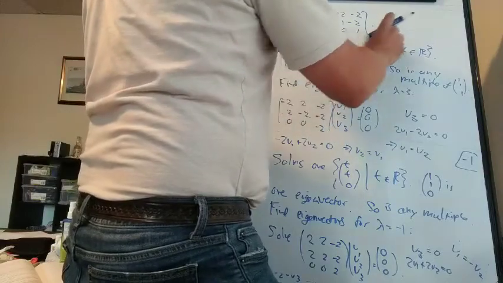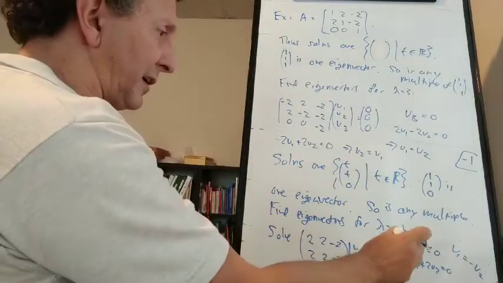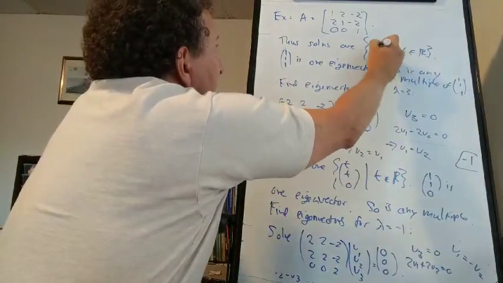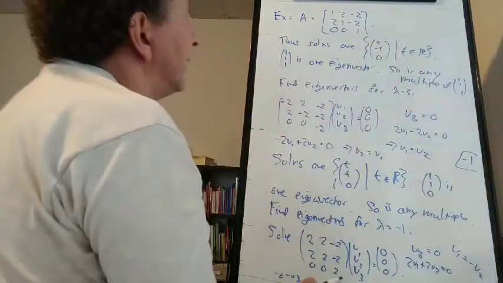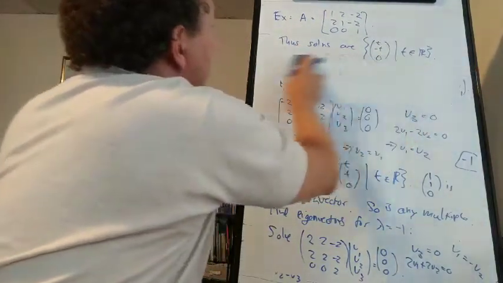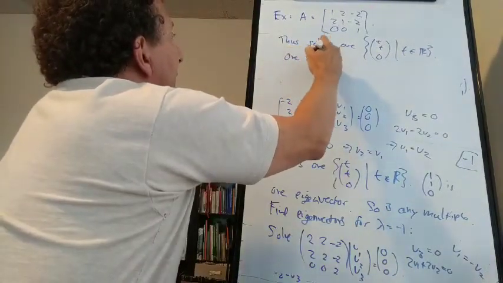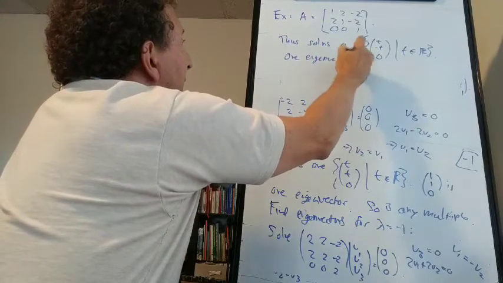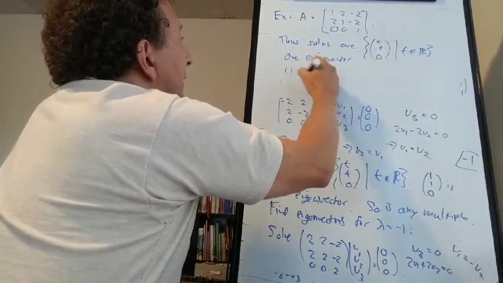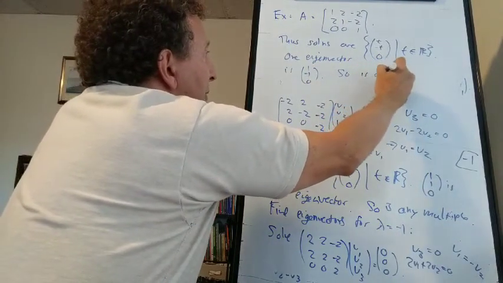So the solutions are, let's see, v1 equals negative v2 and v3 equals 0. So t, negative t, as t varies through all real numbers. So one eigenvector is 1, negative 1, 0. So any multiple of that also.